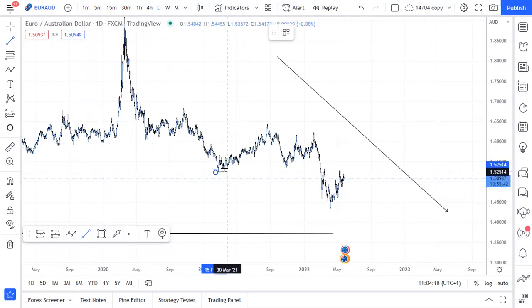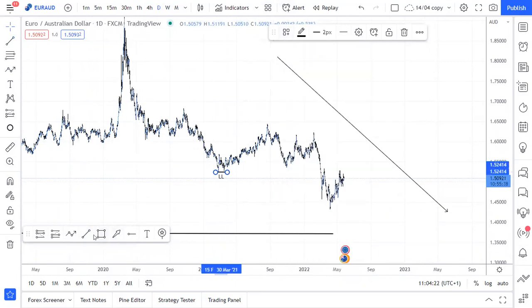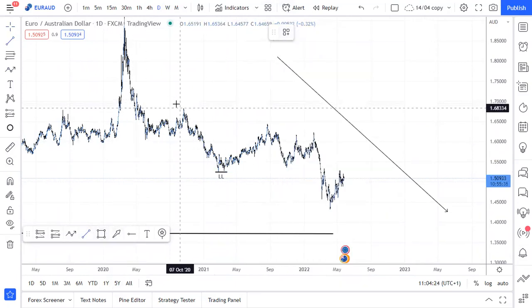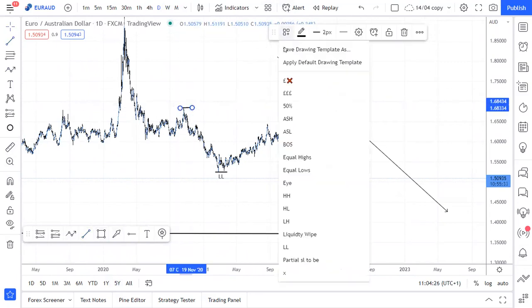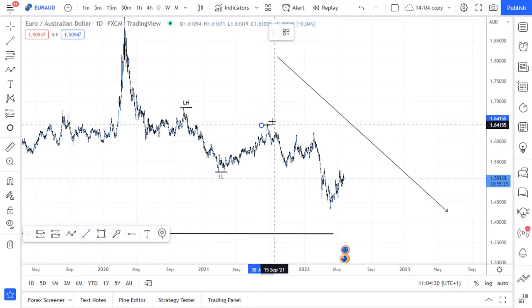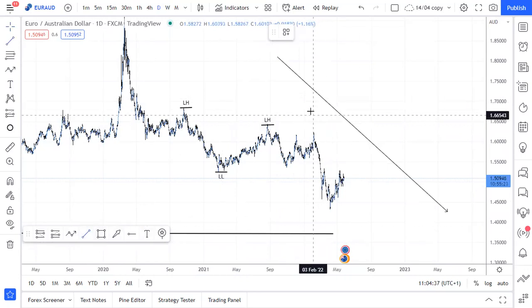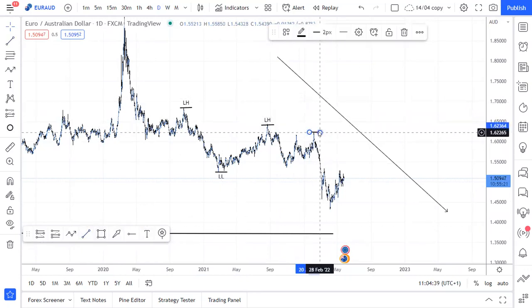This is our lower low. This was our lower high. This was a lower high. This was our lower high.